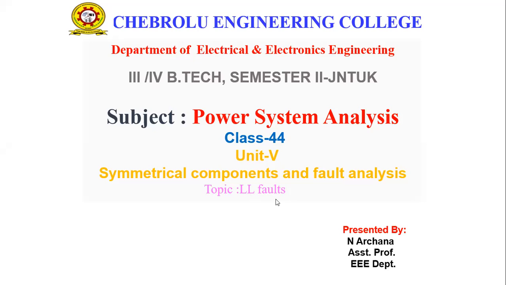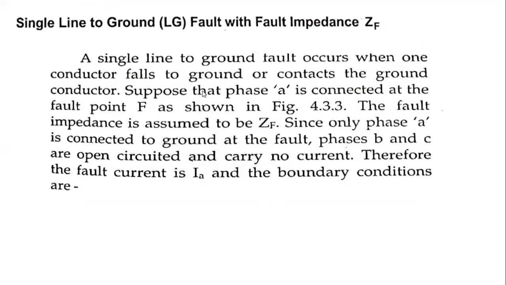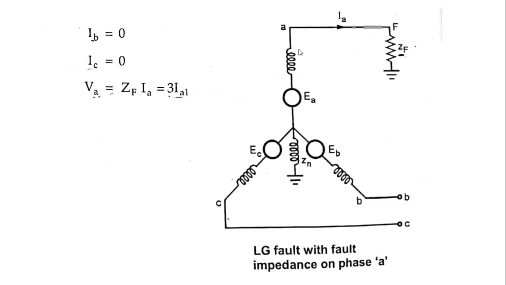Now in the present class, we discuss what is meant by double line faults and what fault current will be obtained in double line faults. But before discussing double line faults, first we discuss the single line to ground fault with fault impedance ZF.